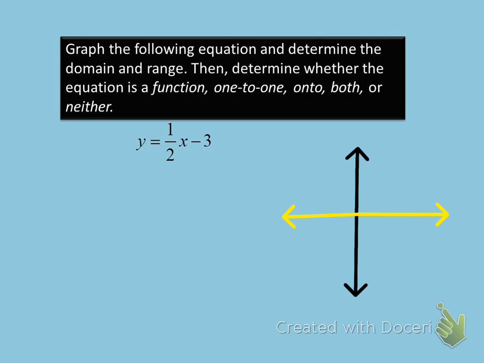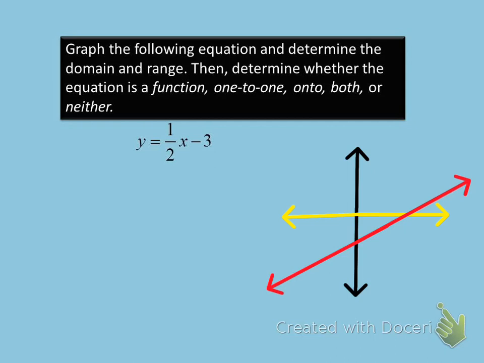So here's how this works. I'm going to go ahead and graph 1 half x minus 3 just really quick. Let me get a third color here. Minus 3 would be about there. Up 1, right 2, so it would go about something like that. Good enough for now. Now, the red is my line.